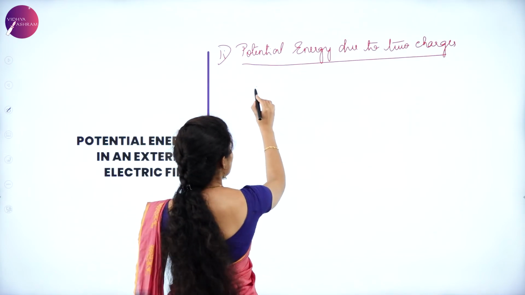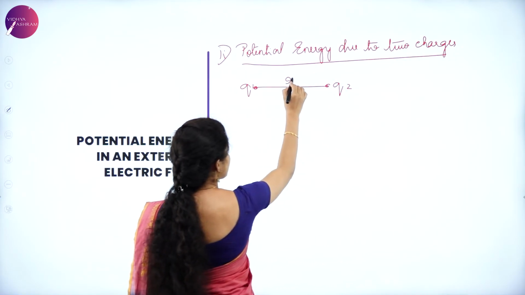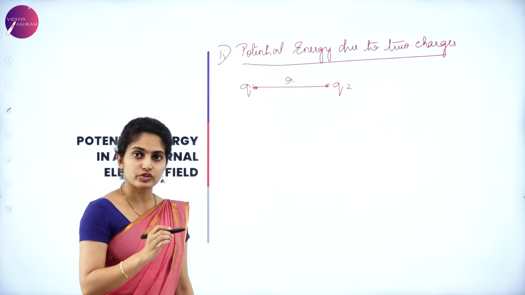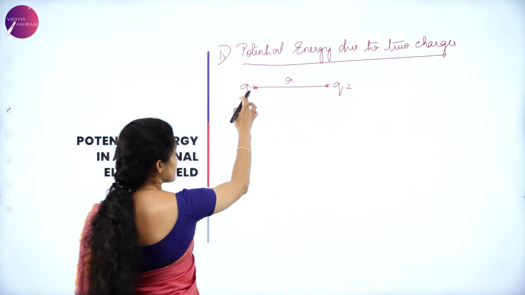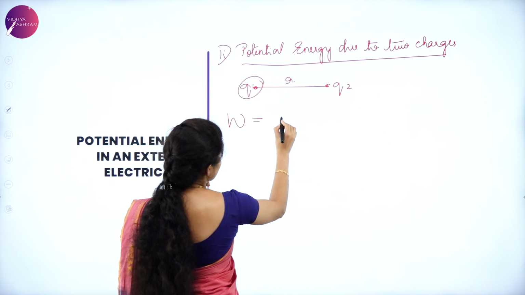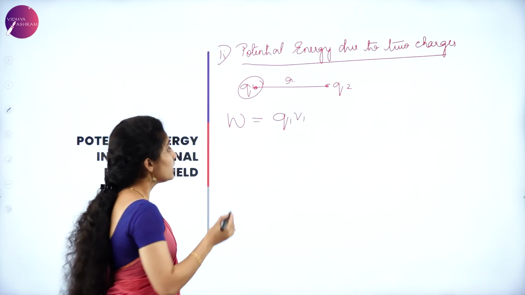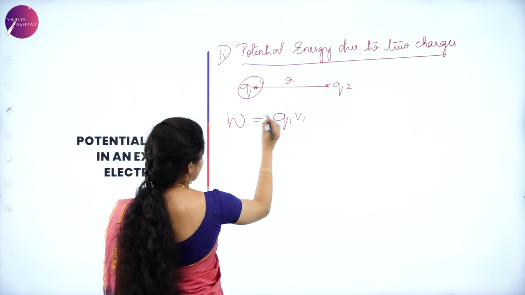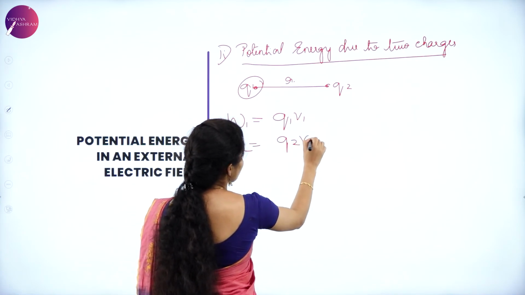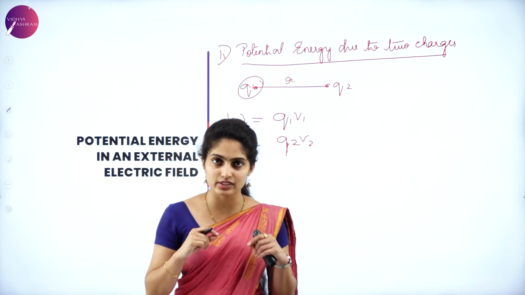The work done in bringing a charge from infinity to a point for Q1 can be given as Q1V1, and for the second charge, W2 will be Q2V2. These are the work done in bringing the charges from infinity to a certain point.